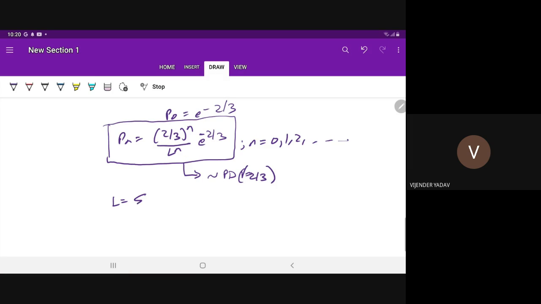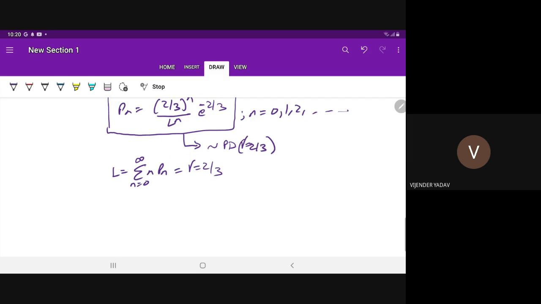So L is the summation of n Pn, n varying from 0 to infinity. For the Poisson distribution we know how to derive the mean, so I'm not going into that part. So it is 2 by 3.